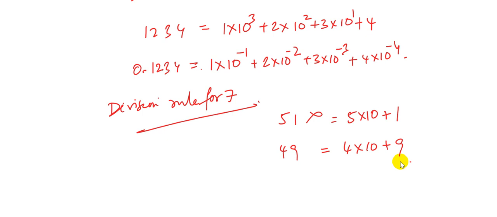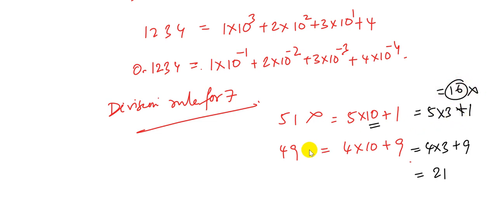Yes, sir. Now, how am I going to test whether a number is divisible by 7 or not? The way to test is just replace the 10 with 3. So, just write this as 5 into 3 plus 1, and this is 4 into 3 plus 9. This is 12 plus 9, 21. This is 15 plus 1, 16.